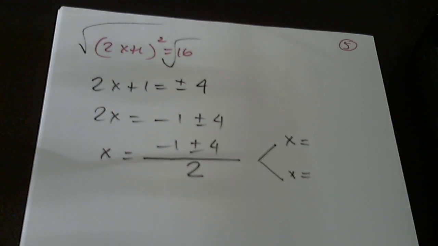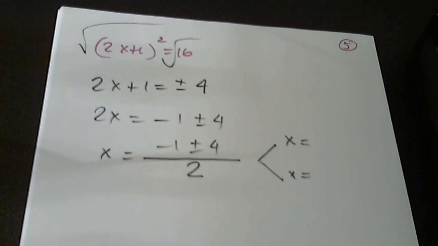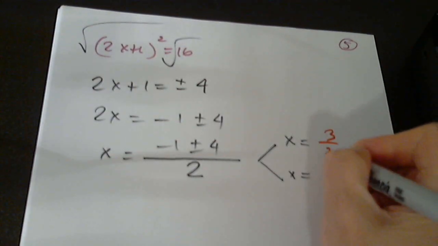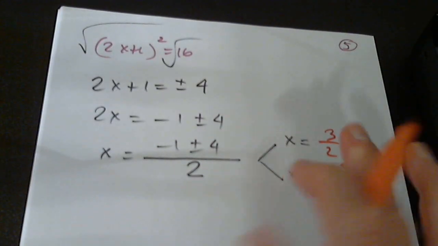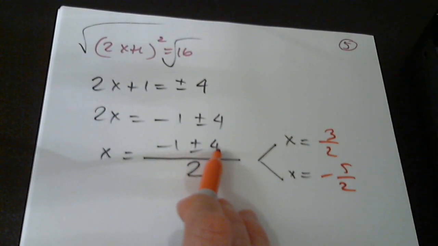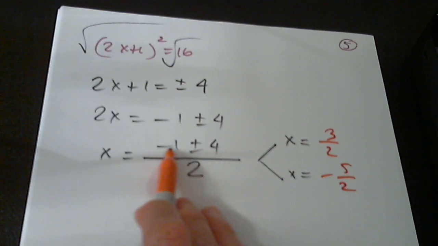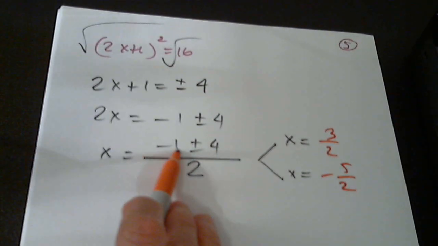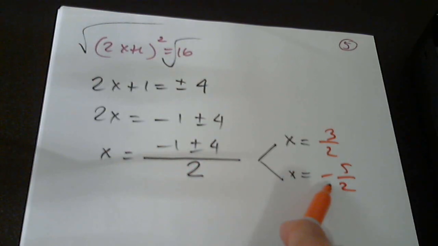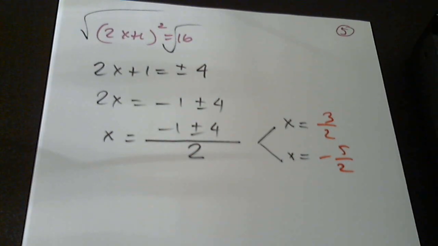What are the 2 options, please? Do not simplify the 2 in the denominator. 3/2 or negative 5/2. Yes. So here's how we got them: negative 1 plus 4 is 3 divided by 2, and negative 1 minus 4 is negative 5 divided by 2. Perfect. Excellent.